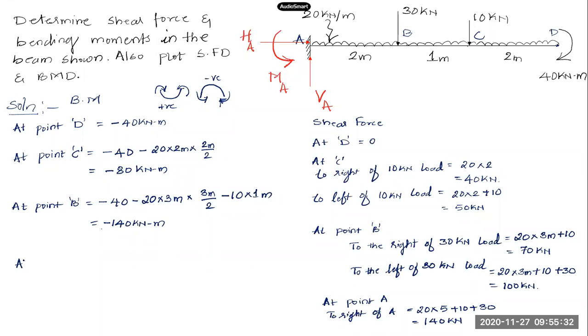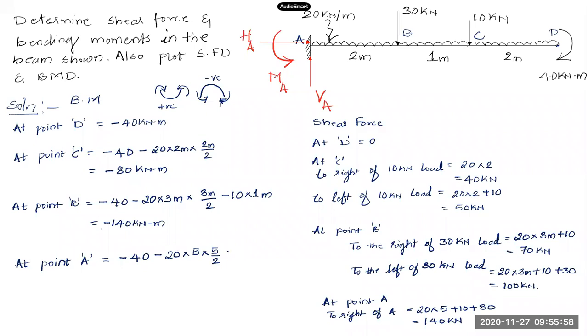When I come to point A, what do we have? These are all bending moments at these points. Minus 40 is there, the couple. Minus 20 due to UDL, now it will be 20 into 5 into 5 by 2.